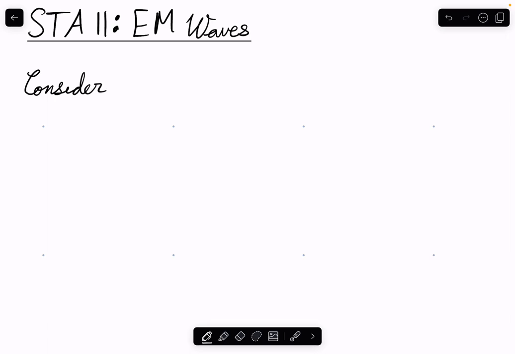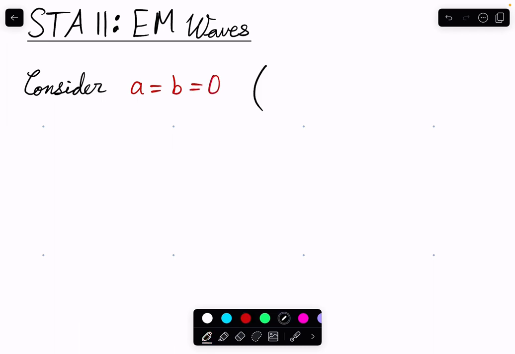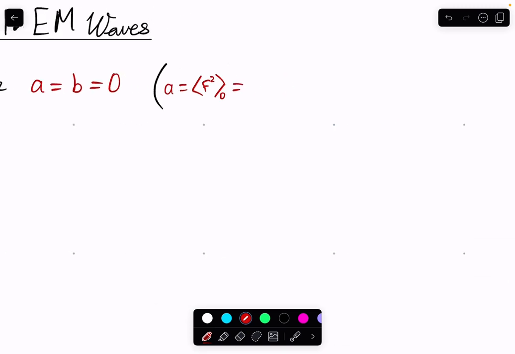Consider A equal to B equal to 0, where again, your A is equal to F squared projected onto your scalar component, which is just equal to E squared minus B squared.